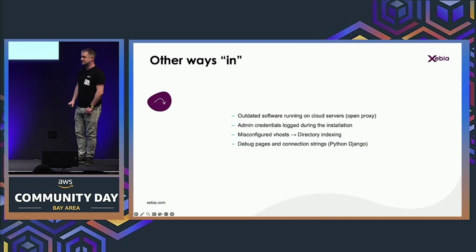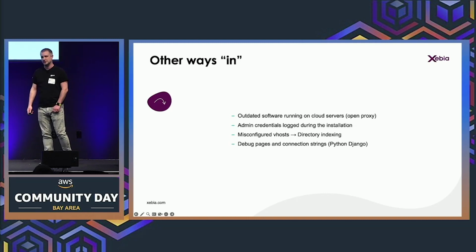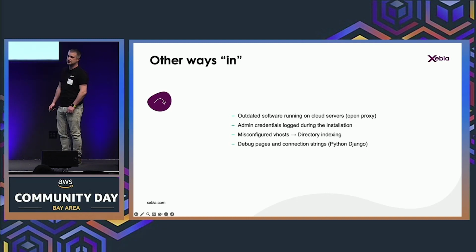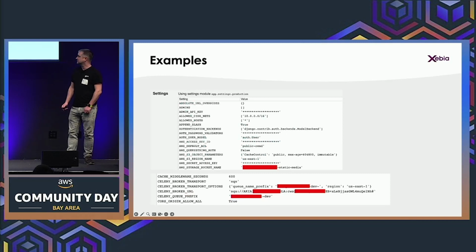Then we have debug pages, and debug pages with connection strings. This example is Python Django. They are doing a good job masking most of the sensitive details here. If they see that there's key or password or something else in the variable name, they mask the value.